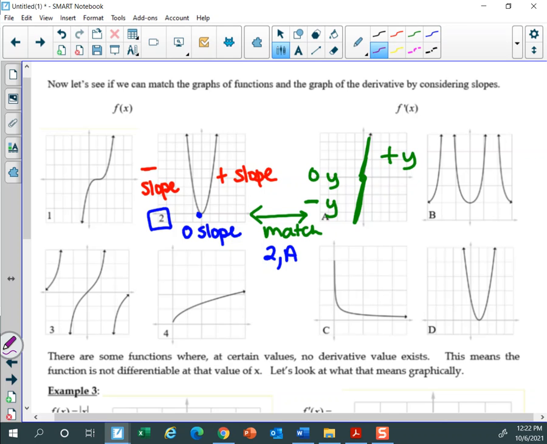All right, so when I look at number 1 and I want to talk about the slopes, I see positive and then kind of 0 and then positive. Positive, 0, positive slopes on this graph. So I need the same behavior for y's: positive, 0, positive.